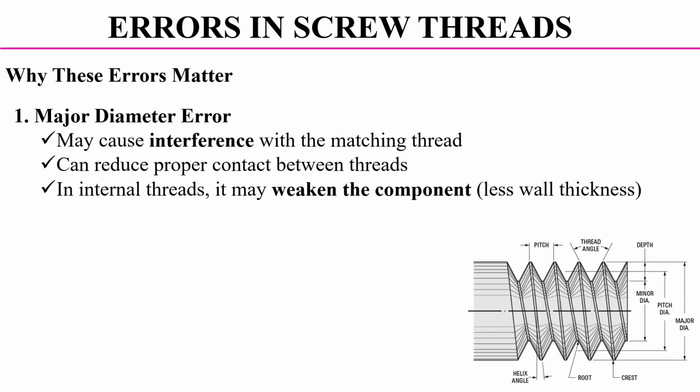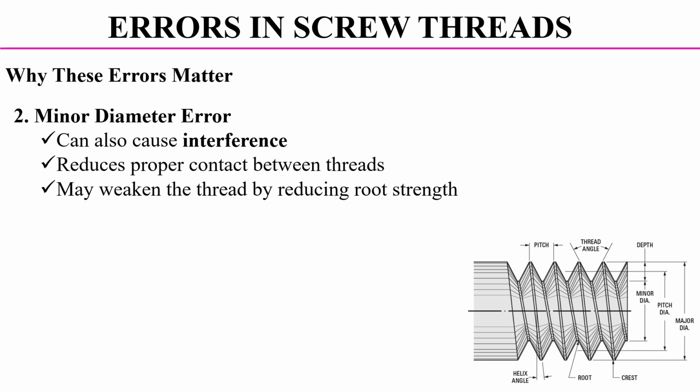Next we have to discuss why these errors are important. First, if there is an error in the major diameter, it will cause interference with the matching thread. Moreover, it can reduce the proper contact between the threads, and in internal threads, it may weaken the component.